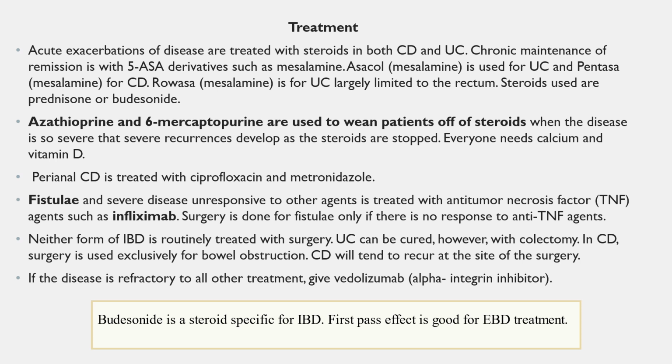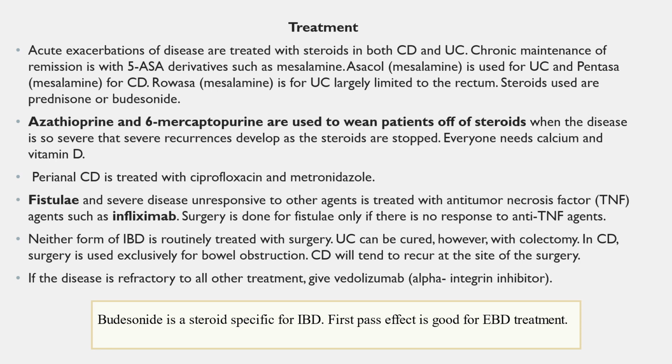Surgery is done when the fistula is present and there is no response to anti-TNF agents. Neither form of IBD is routinely treated with surgery. UC can be cured with colectomy. In CD, surgery is usually for bowel obstruction. CD will tend to recur at the site of the surgery.